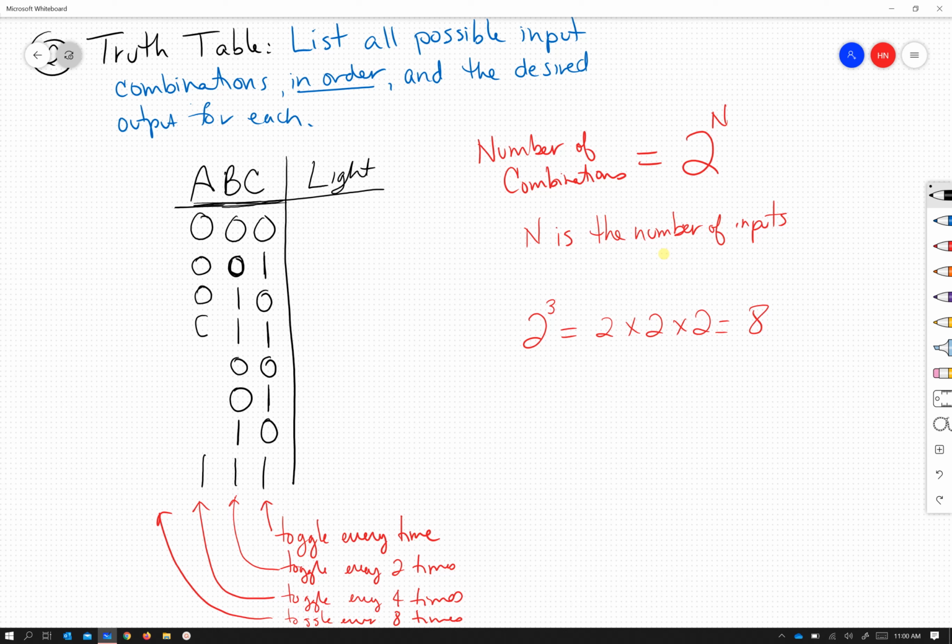So this one would be 4 zeros and then 4 ones. And if I had a fourth column, it would be 8 zeros and then 8 ones. And then if I had a fifth column, it would be 16 zeros and 16 ones. So that's the pattern that you follow to fill all the possible combinations. So again, always start with all zeros, always end with all ones.